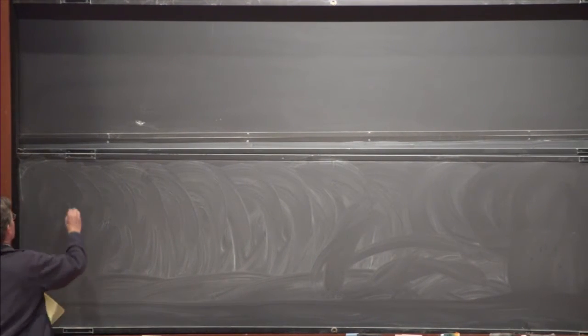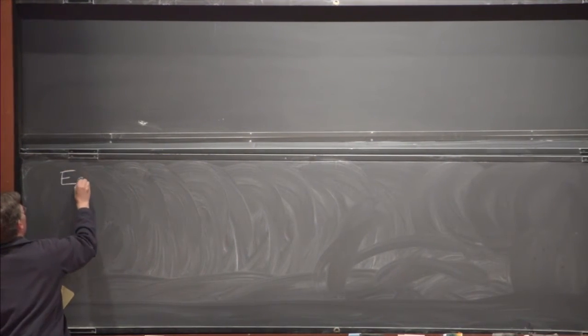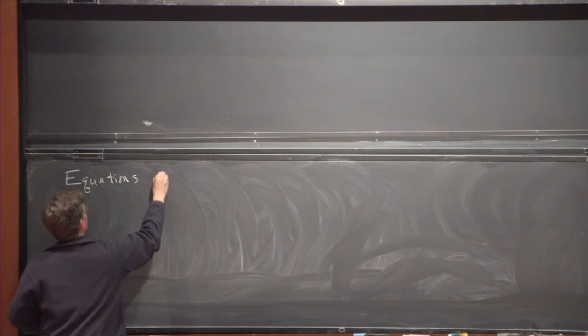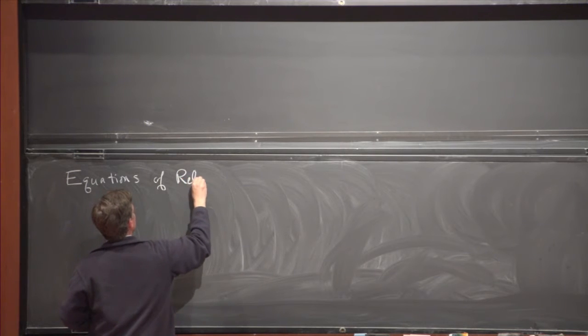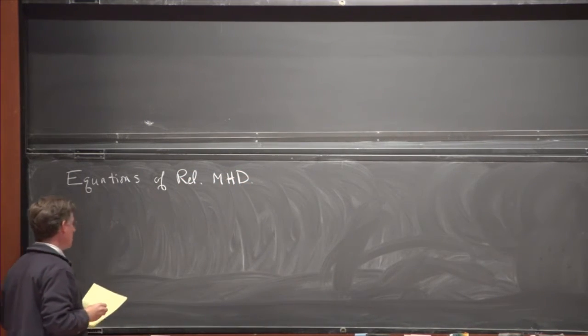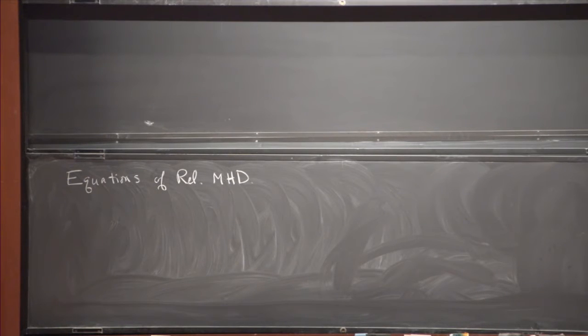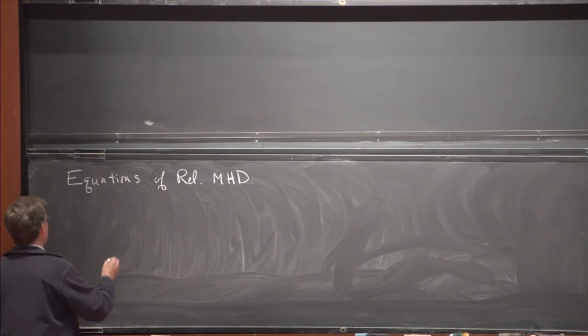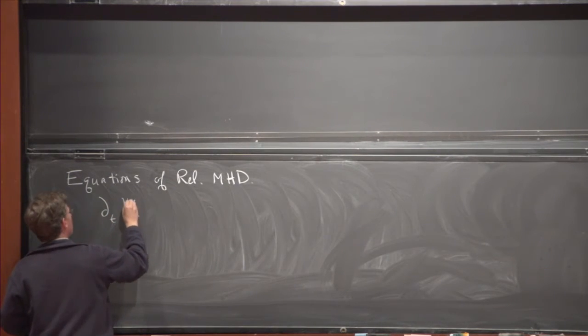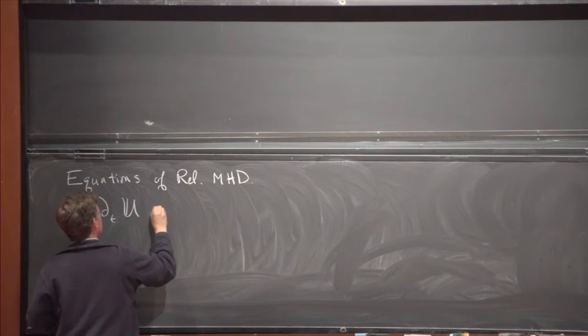Okay, so on to the basic equations of relativistic MHD. So we're going to write and integrate the equations in conservative form. So I'm going to write this like this.